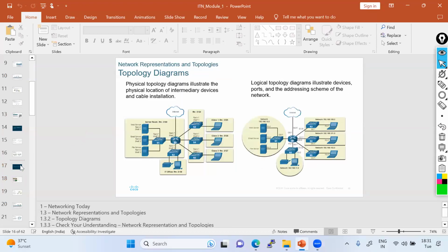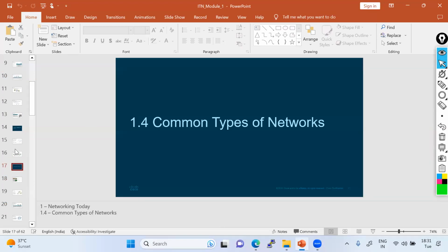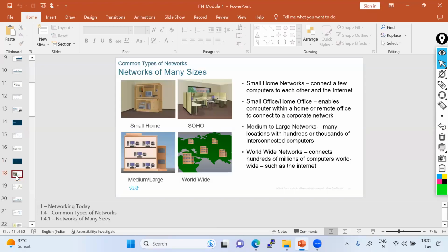See, these are topology diagrams which I explained. Same thing in my slide also. So you are in your home and you are doing internet communication via the Wi-Fi router. Still, it's a network. In my home, I just have one router.